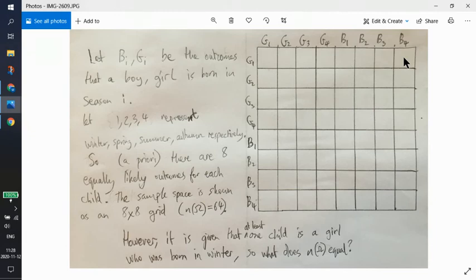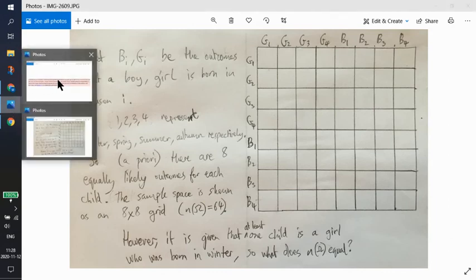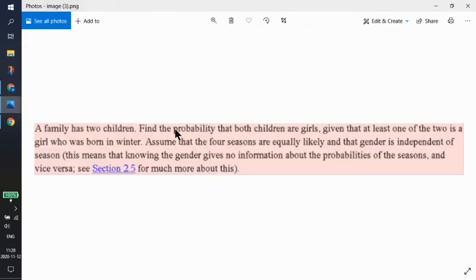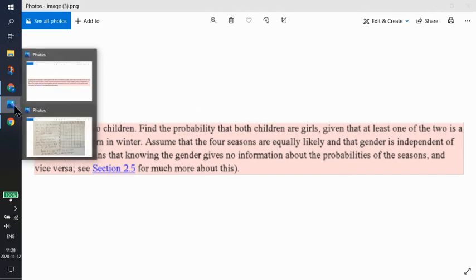Then we have to calculate the probability that we're finding, which is the probability that both children are girls. We've found that there are 15 equally likely outcomes given all the information, and now we can find how many of those outcomes are such that both children are girls.